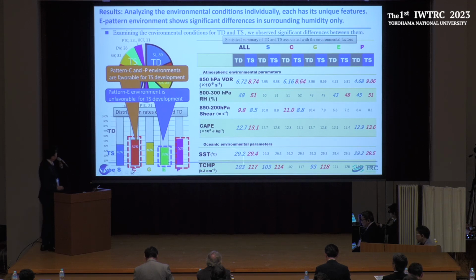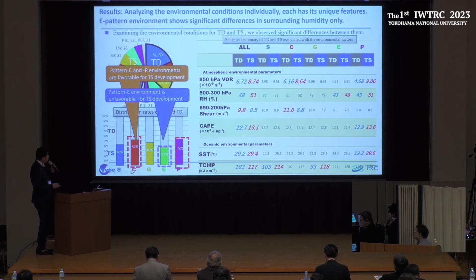So we examined the environmental conditions for TD and TS. We observed a significant difference between TD and TS for atmospheric and oceanic environment parameters. When analyzing the environmental conditions individually for each pattern, each has its unique features.